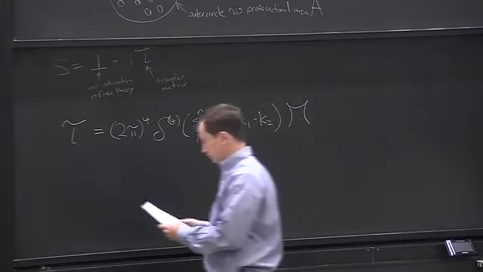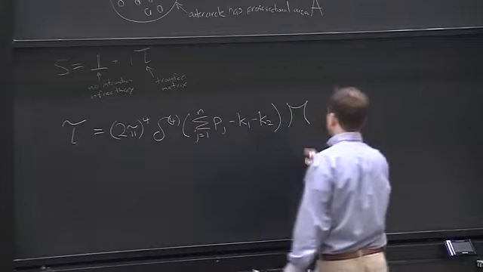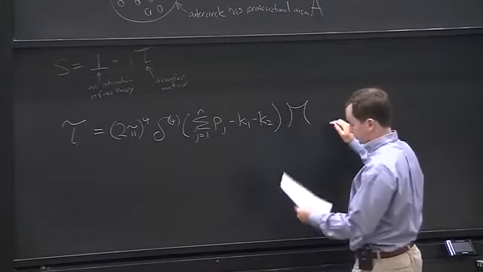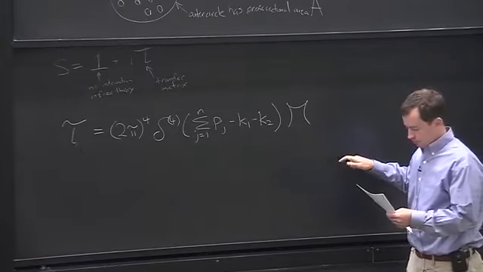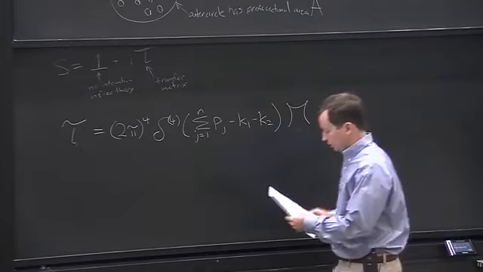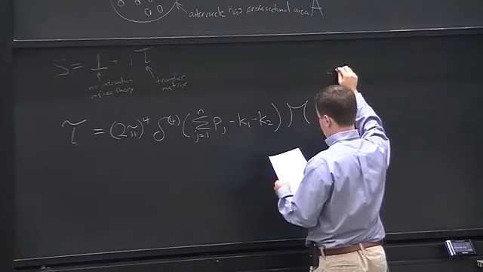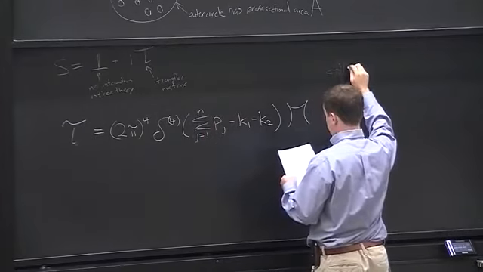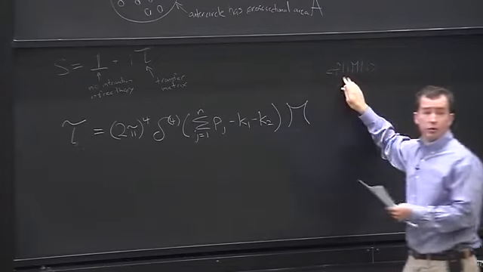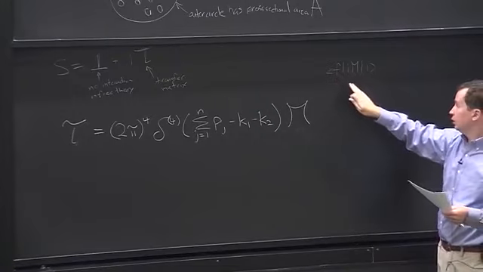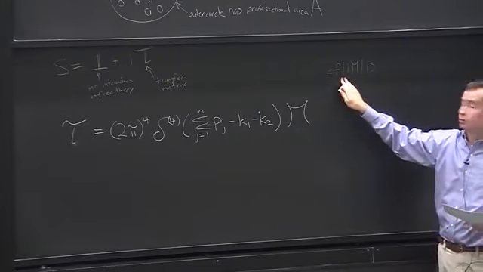So the matrix elements, <f|iM|i>, M is also known as the matrix element. We just implicitly understand what matrix we're referring to.